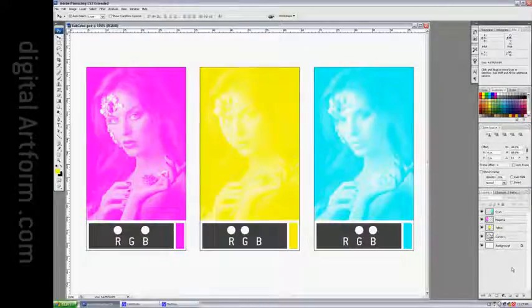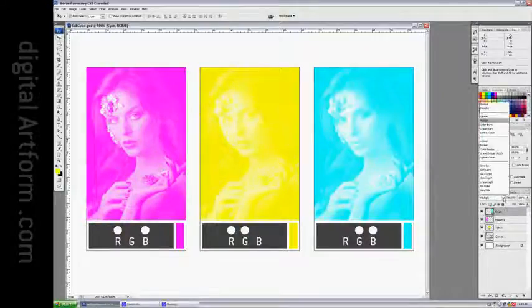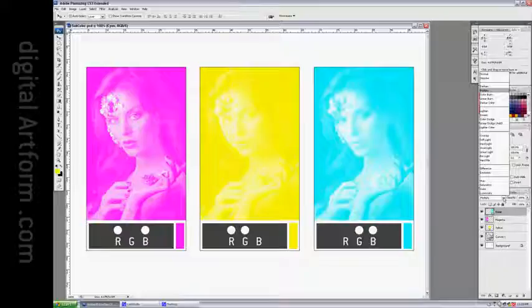Now I'm going to try some of these blend modes that have more of a subtractive orientation to them, like for example the difference blend mode and the exclusion blend mode. So that's coming up next.